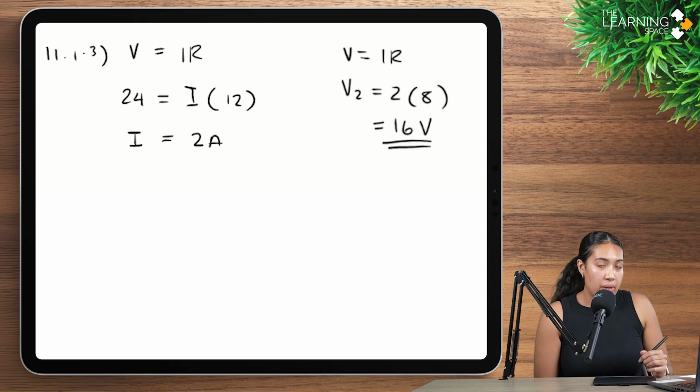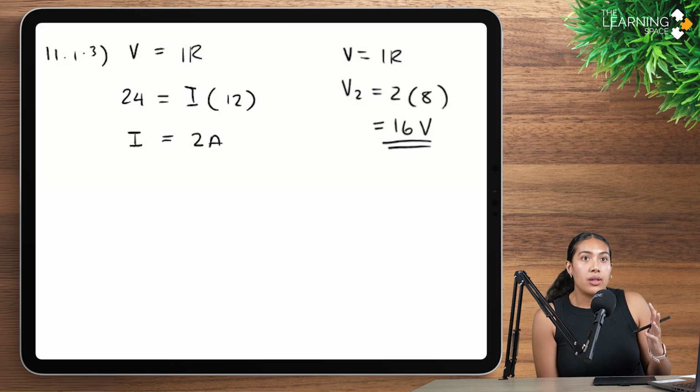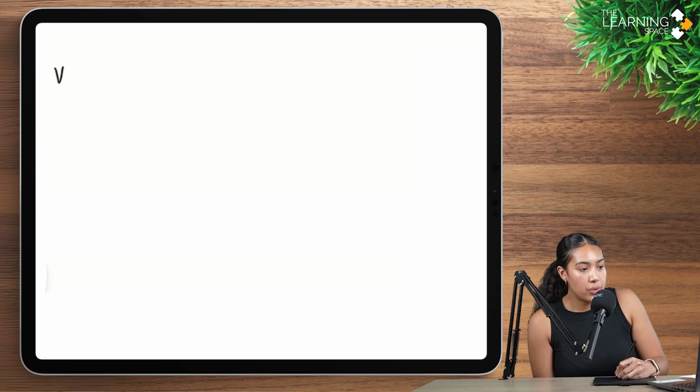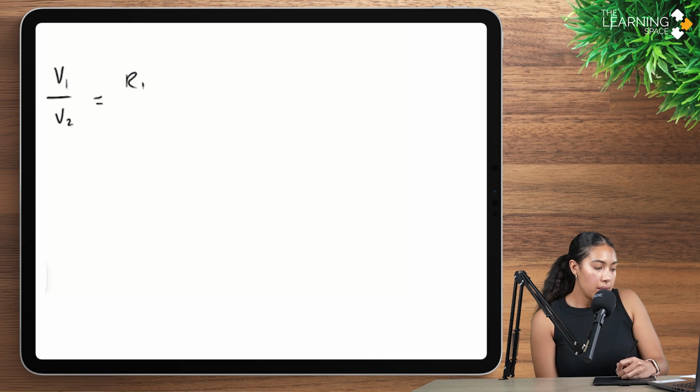So that is the one way that we can calculate this. Another way is, if you remember, resistors that are connected in series act as voltage dividers, right? So the ratio of V1 to V2 is going to be equivalent to the ratio of R1 over R2, right?